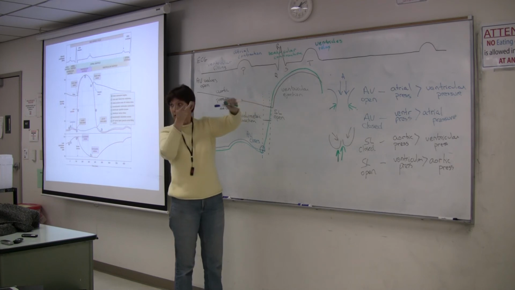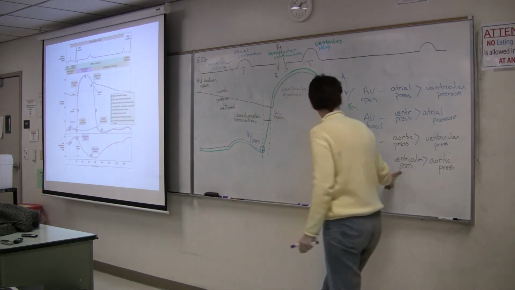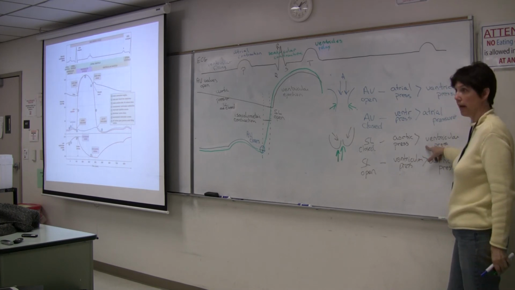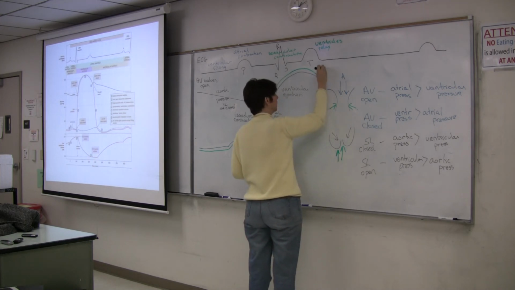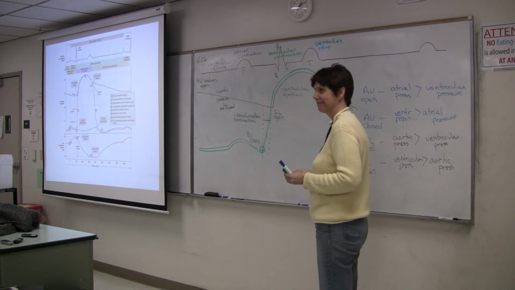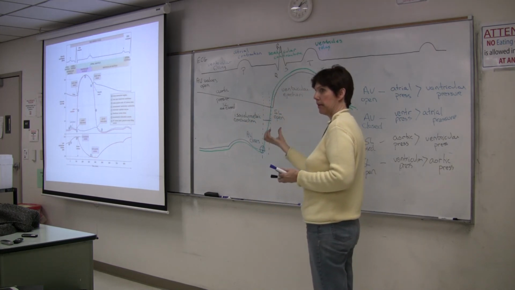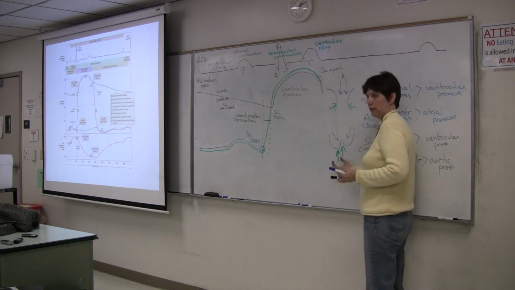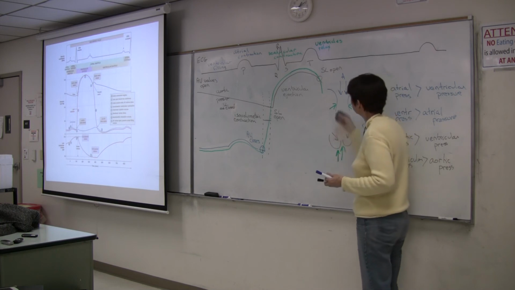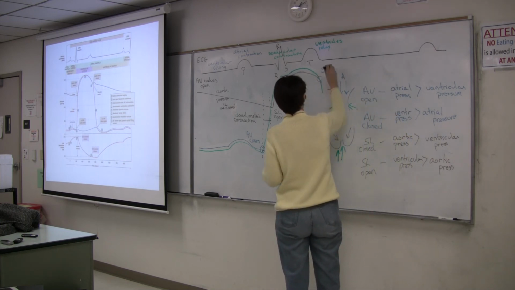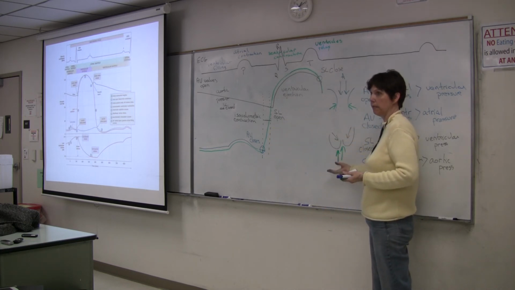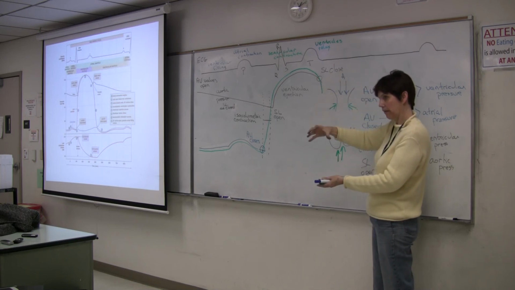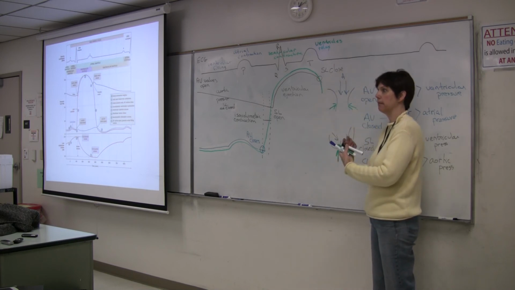So now we have a flip in our ratio: aortic pressure is again greater than ventricular pressure. Our semilunar valves are going to close, because ventricular pressure has dropped below aortic pressure, and so the blood flows back towards the ventricles, fills those cusps up, and closes them.